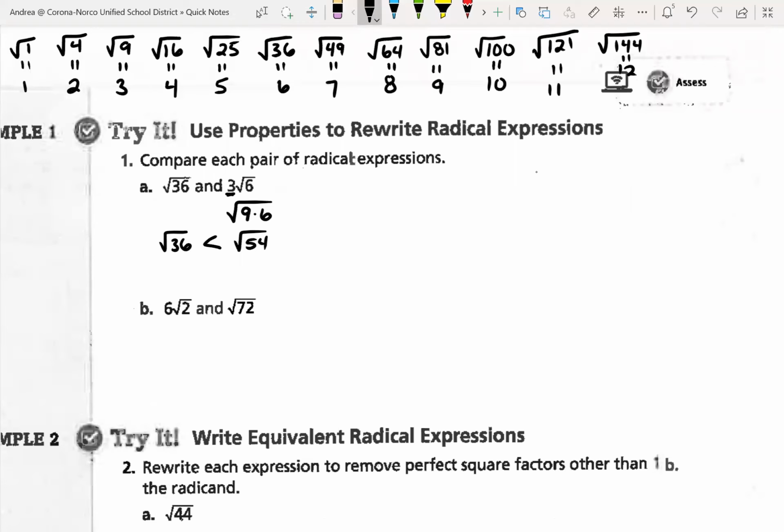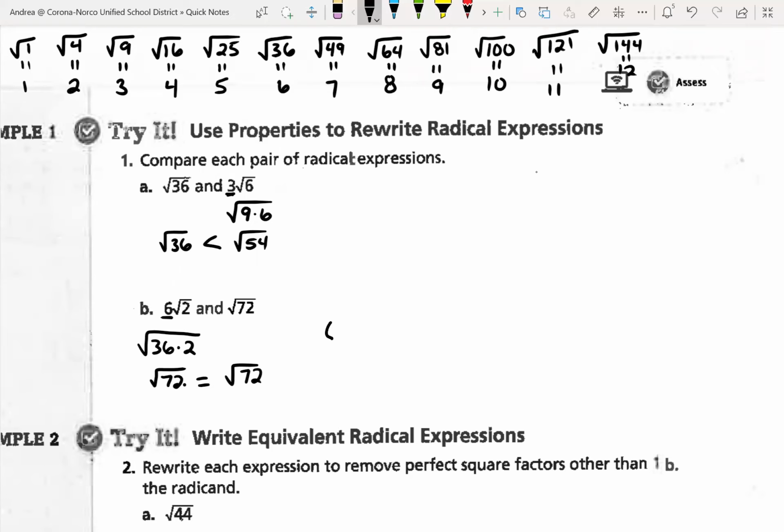If I have a square with a side length of 6, what would the area of that square be? 36. So in here, this would be 36 times 2. What's 36 times 2? 72. How does the square root of 72 and the square root of 72 compare? They're equal, right?